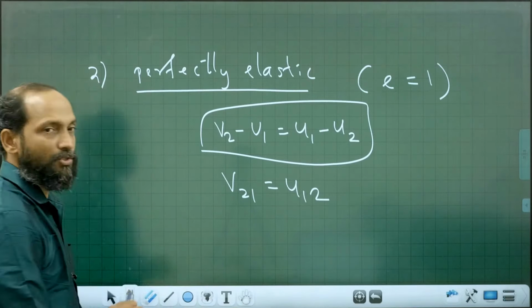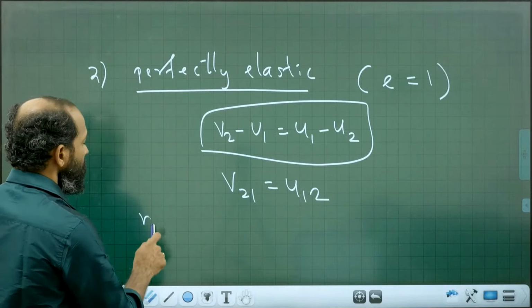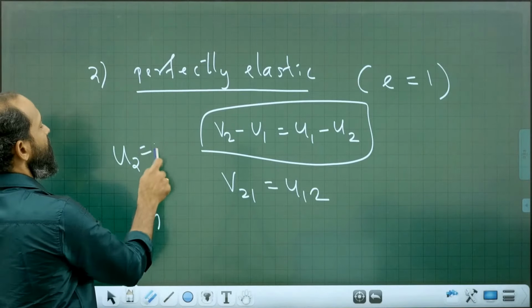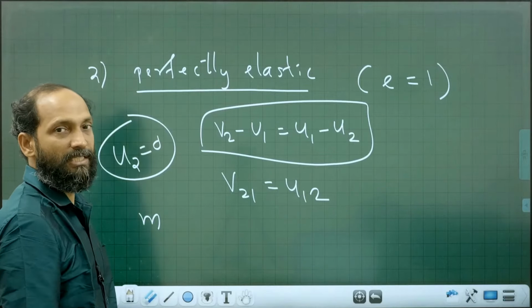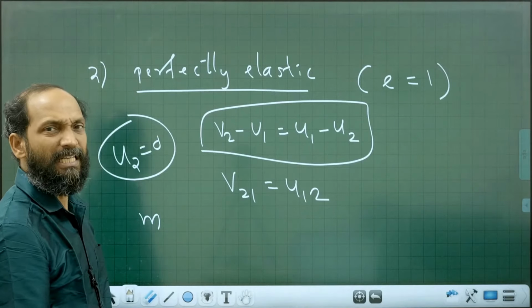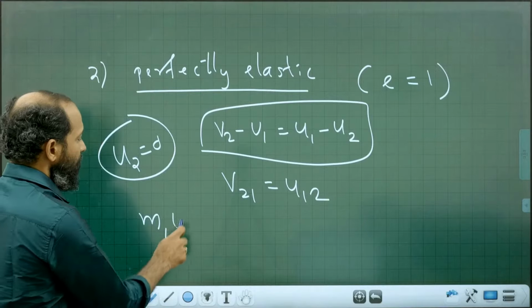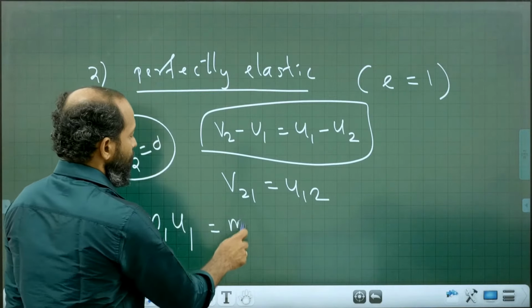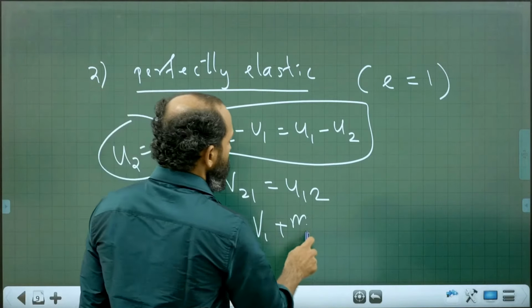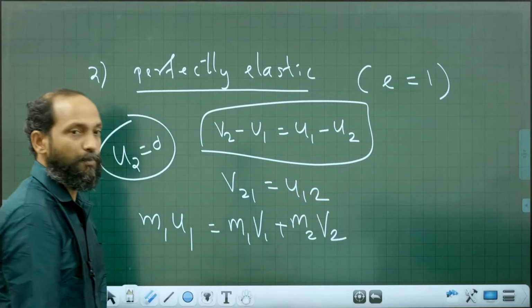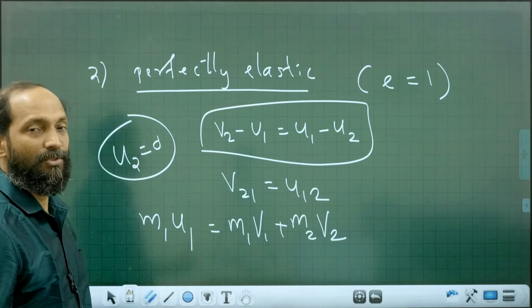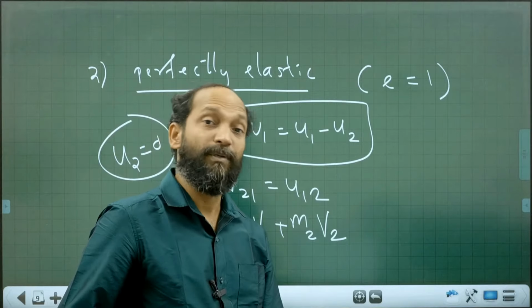In this process also momentum is conserved. We assume that the second body is at rest for all such collisions because that is mainly what is discussed in our syllabus. M1 U1 is equal to m1 v1 plus m2 v2. In this process, kinetic energy is also conserved before and after the collision.